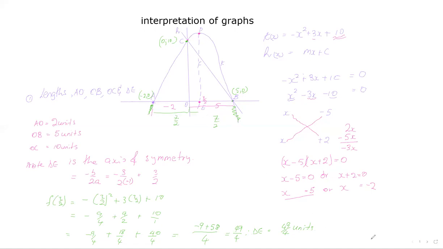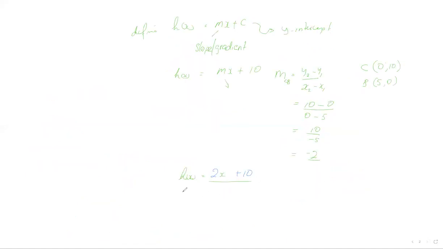So k of x is less than 0, which means it's negative, when x is less than -2 and x is greater than 5.